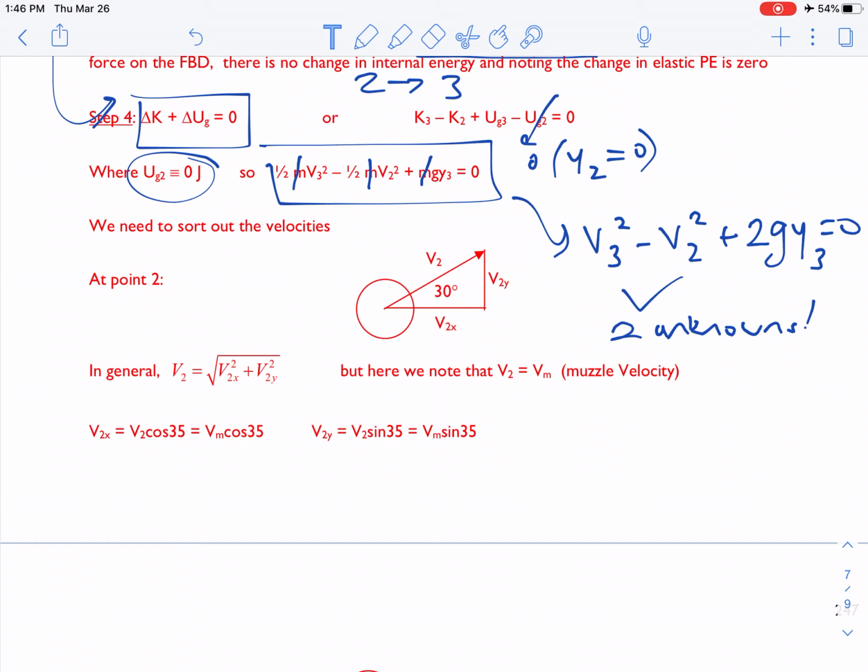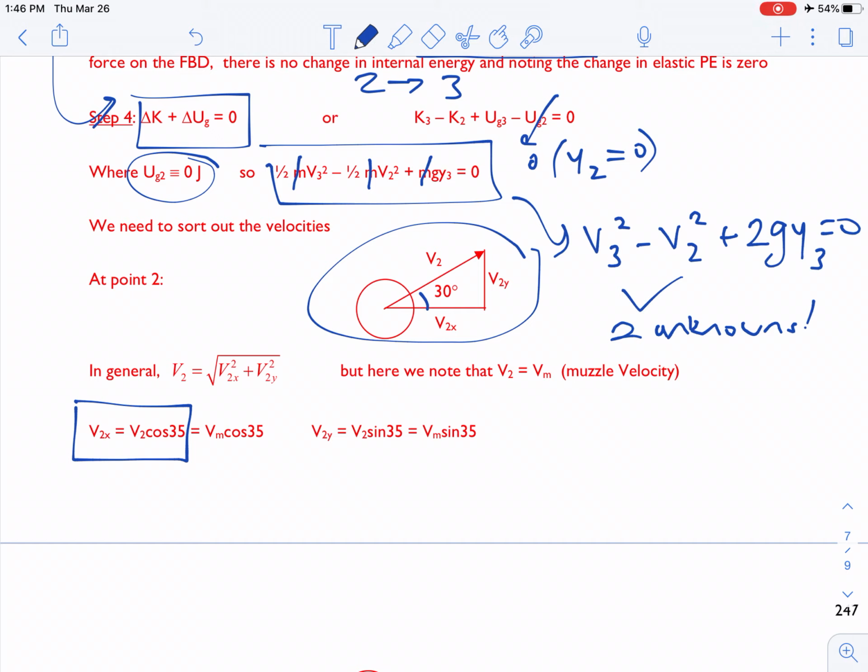So if we go back to our solution, if you focus on point 2 and look at the vectors, this is what you see, right? This is nicely drawn, x and y components for v2, and then you can get what v2x is in terms of v2. If you use the trigonometric function cosine theta, it would be v2x divided by v2.